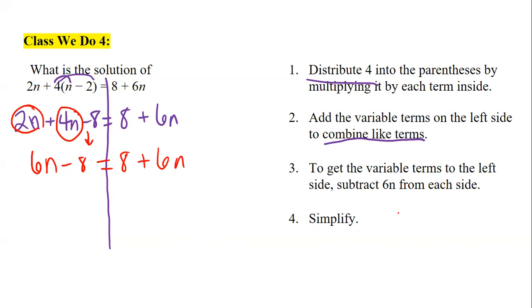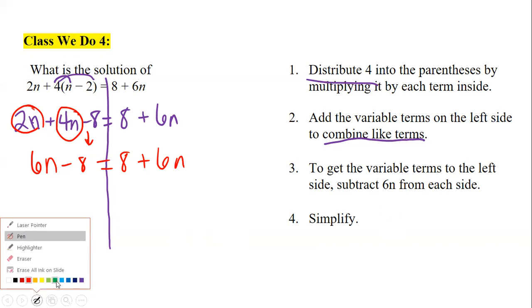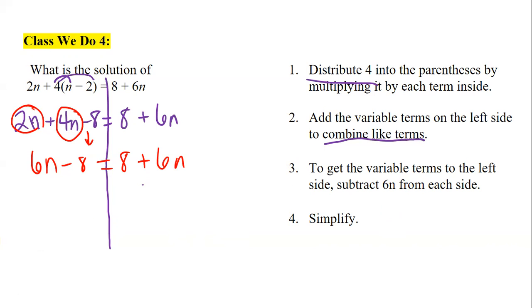All right. I want to get my variables to the left. So in order to do that, I'm going to subtract 6n. What do you notice happens when I subtract 6n? It cancels out. My variables are gone. I'm left with -8 equals +8. Is that a true statement?